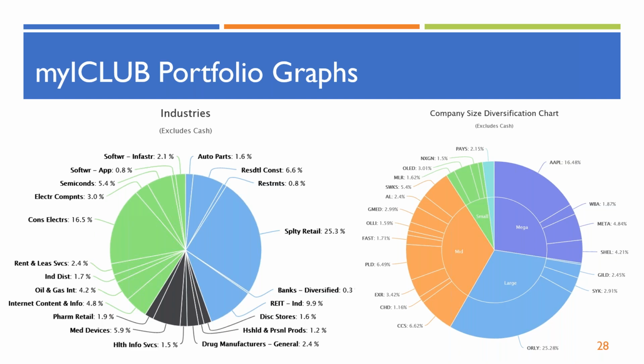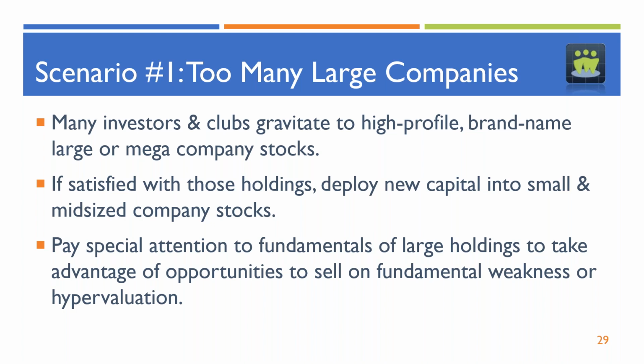And again, you can see the impact of some of the big chunks of stock, Apple at the top, O'Reilly Automotive at the bottom, simply pointing out that there are some big holdings within those mega and large categories. So there's a lot of interpretation and study and learning to be made from looking at your club's portfolio diversification using those graphs.